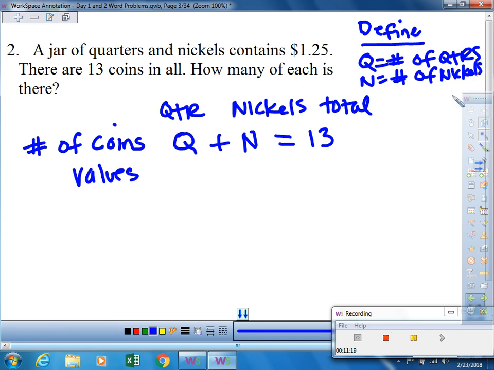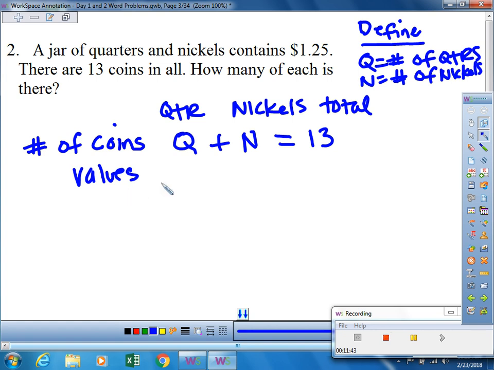Because if you just say nickels, I don't know if you mean the value of the nickels or the number of nickels. You got to tell me it's a number of, like 5 quarters or 3 quarters or 7 quarters. So make sure that you are telling me the number of.